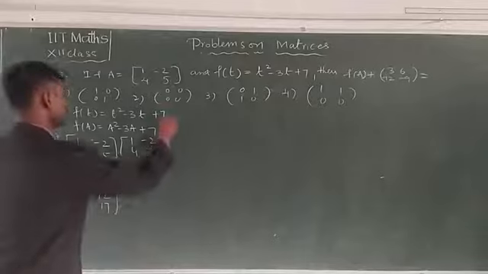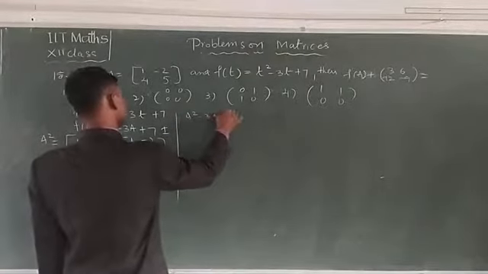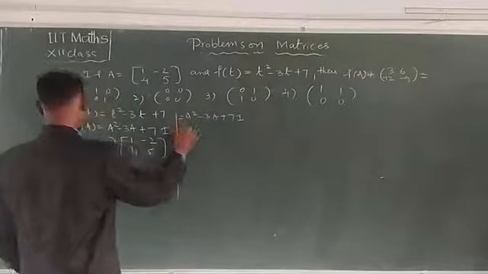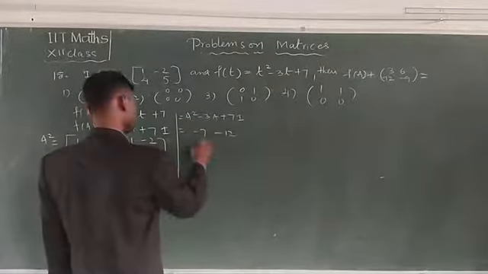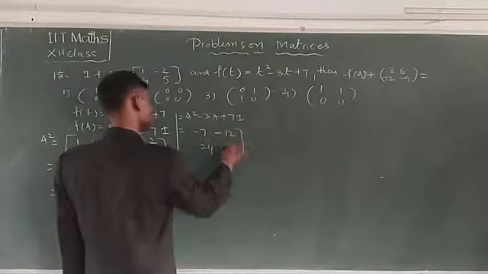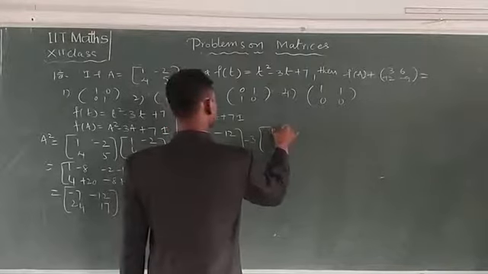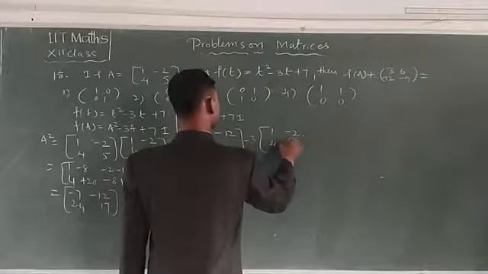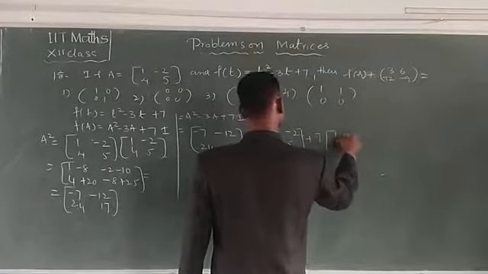Now you can write A² - 3A + 7I. Here the A² value is [-7, -12; 24, 17], minus 3 into A, which is [1, -2; 4, 5], plus 7 into [1, 0; 0, 1].